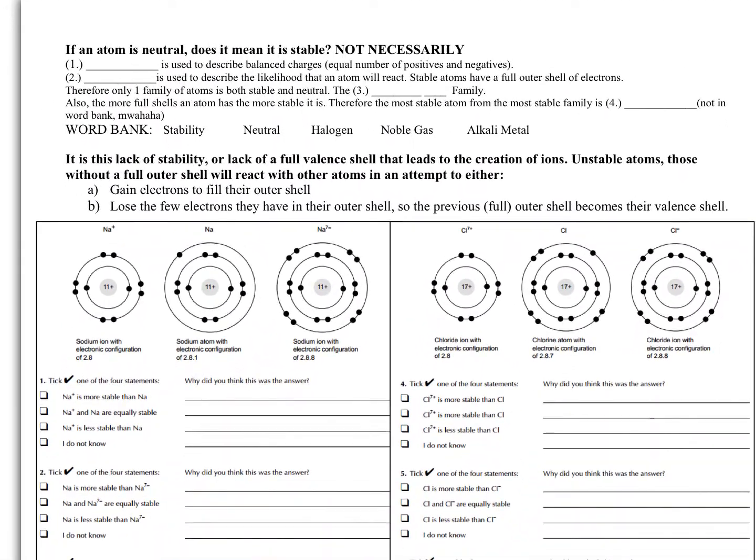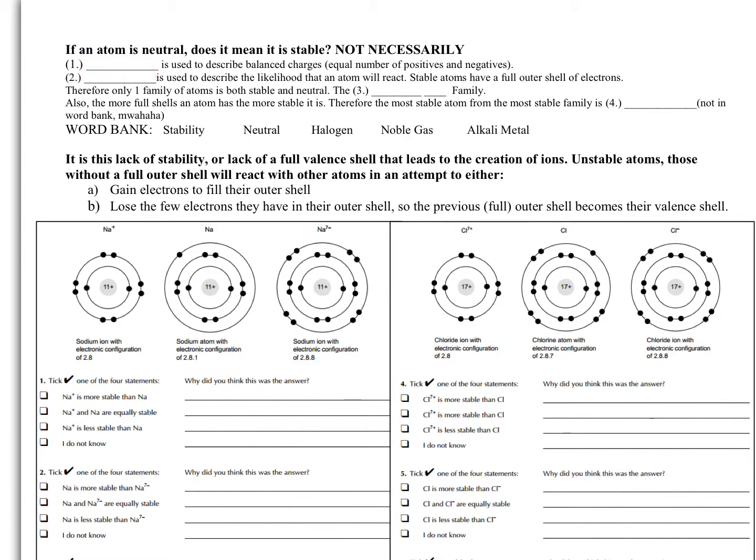So if an atom is a neutral atom, does it mean it is stable? Not necessarily. Okay? Neutral just means an equal number of protons and electrons. That doesn't mean that it is stable.